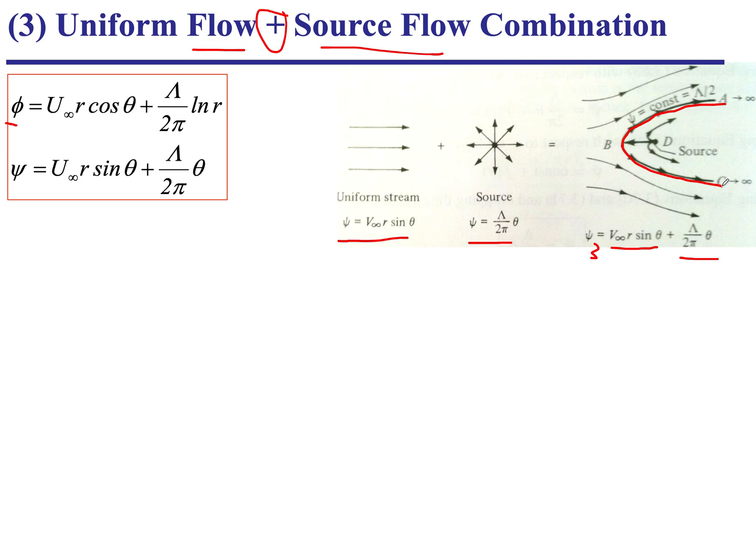You will have streamlines inside that closed body and streamlines outside it. But since a streamline defines a line where there's no mass flow through it, it also describes a solid body. So we call this the semi-infinite Rankine body.